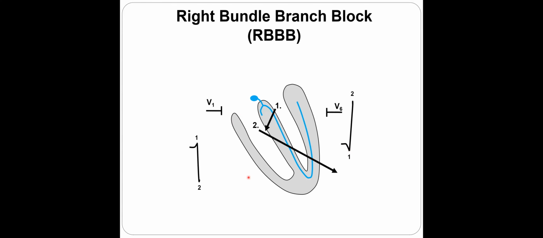However, what will happen with the right side? The right side is activated from the left one. So we have a slow muscle-to-muscle activation that comes from the left to the right. This is why we have a wider and longer last part, a positive last part, in V1, and a slow, slurred S wave on the left side in V6 or V5, or lead 1 or aVL.